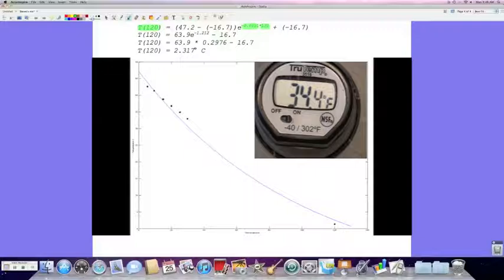Applying mathematics, I found that the theoretical temperature after 120 minutes, 2 hours, was 2.317 degrees Celsius.